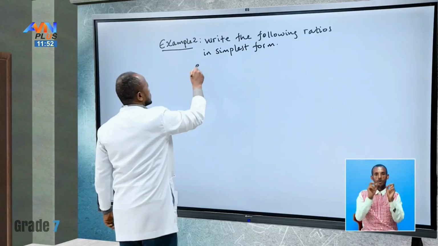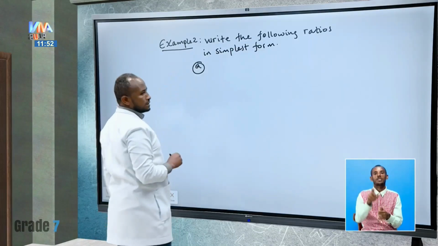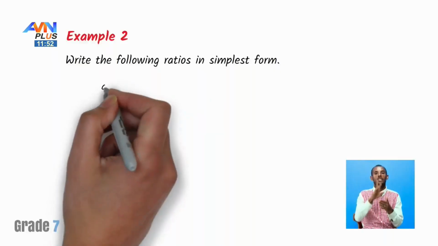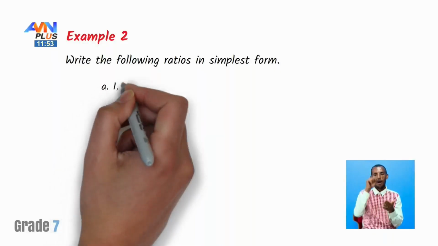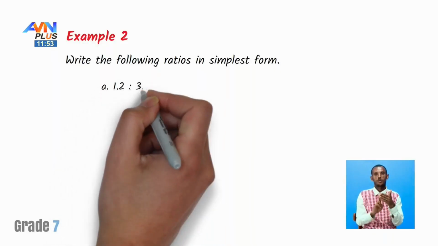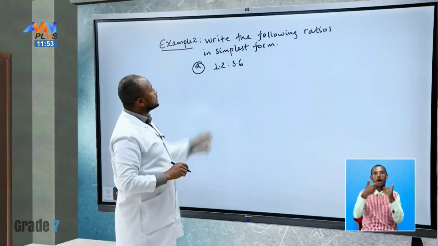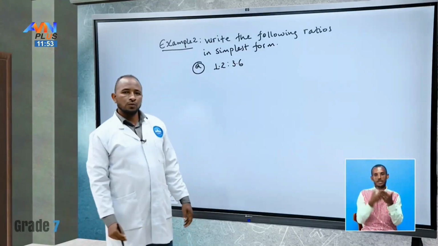Okay, the first question is this. What will be the ratio of 1.2 ratio 3.6?